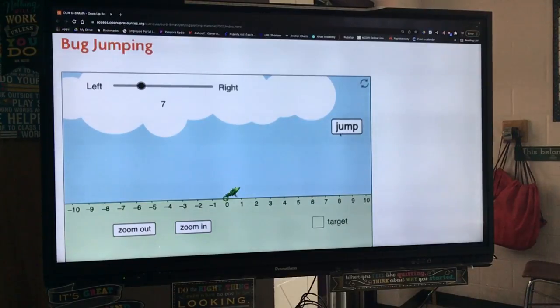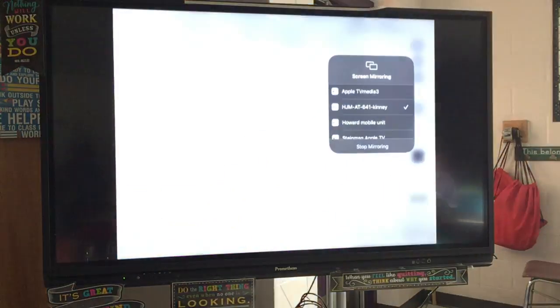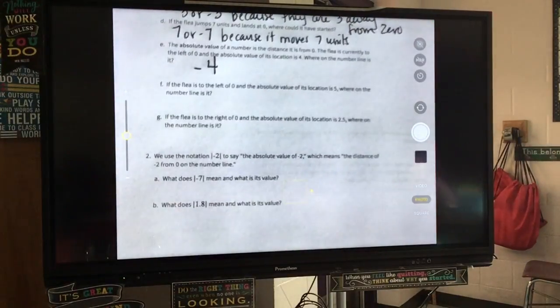Alright, Isabel, where's it at? How do you know? Because it says it's to the left of 0, or what? And it's 4 what? Alright, F, if the flea is on the left of 0 and the absolute value of its location is 5, where on the number line is it? Stand up when you have your answer.